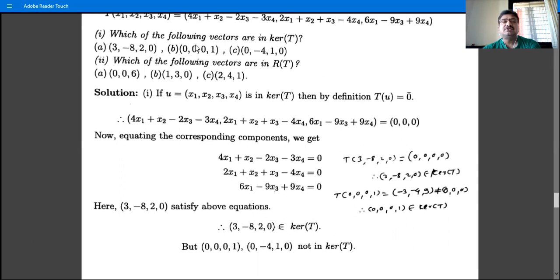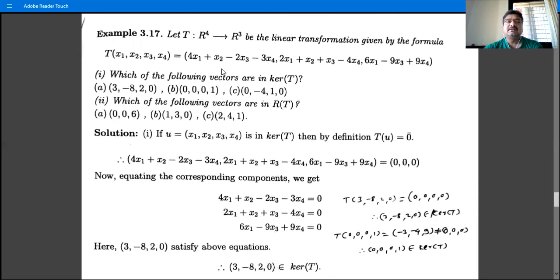What is T of (0, 0, 0, 1)? That is, substitute x1 as 0, x2 as 0, x3 as 0, and x4 as 1. So what do we have? The answer is (-3, -4, 9). That is, this is not equal to (0, 0, 0).